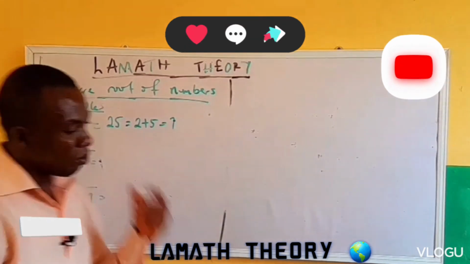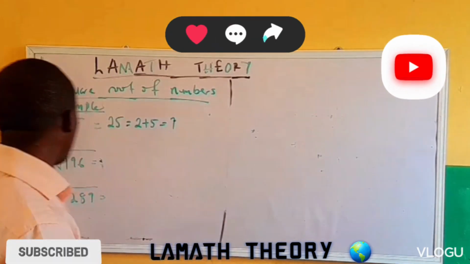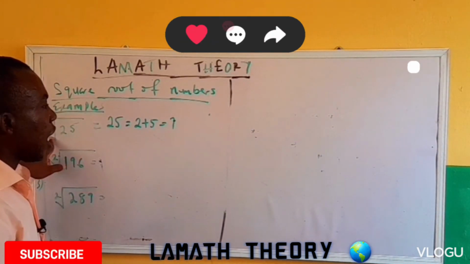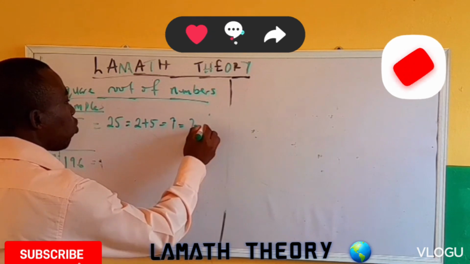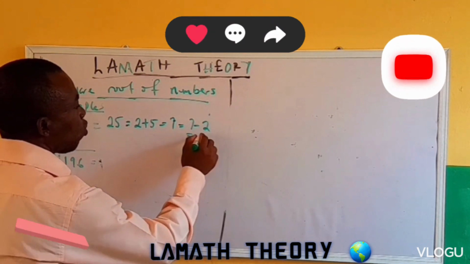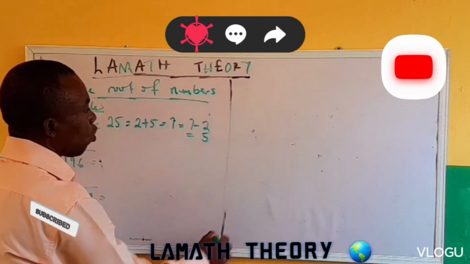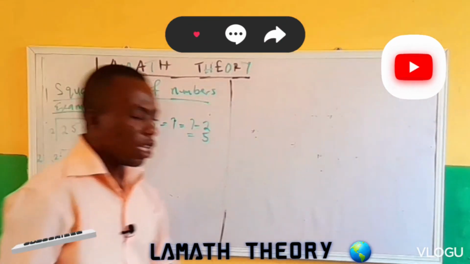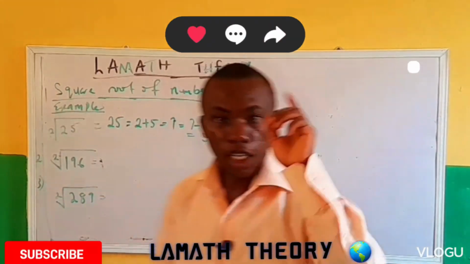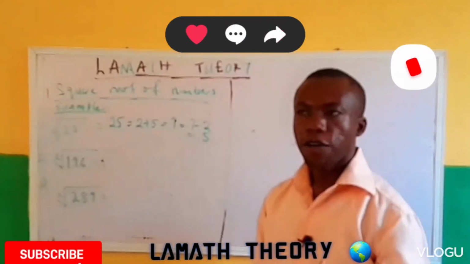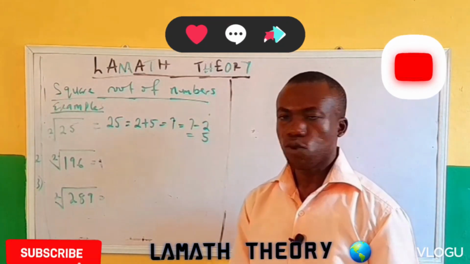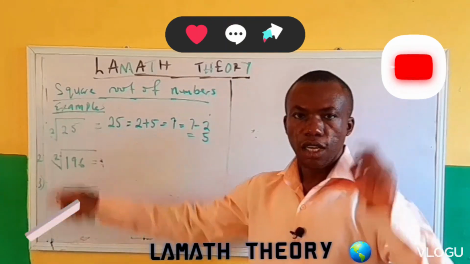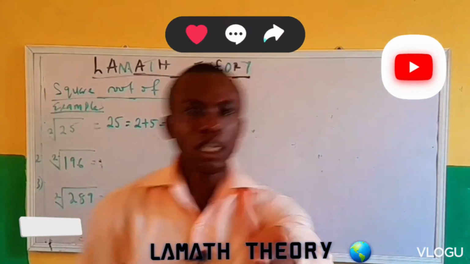Now I subtract this 2 from the 7. 7 minus 2 is 5. So the square root of 25 is 5, and 5 times 5 gives us 25.